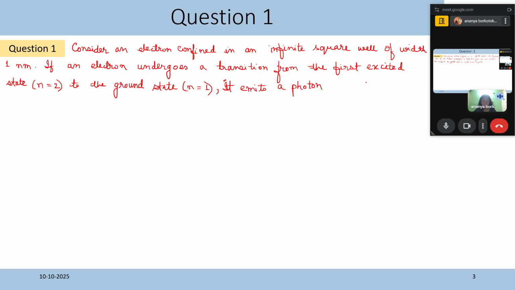The question is, calculate the wavelength of the photon emitted during the transition.